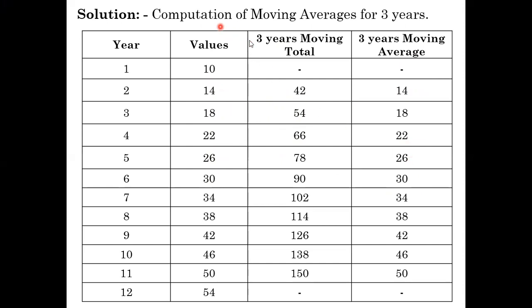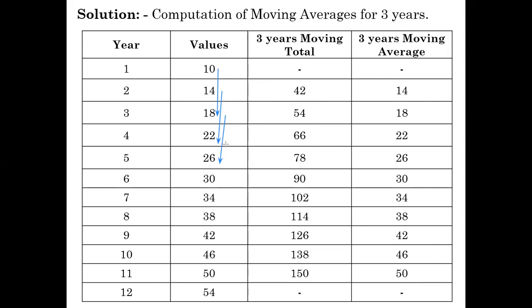If you want to draw this in the exam, make it like this: draw the first 3 years, you get 42. Next 3 years, you get 54. 18 plus 22 plus 26, you will get 66.